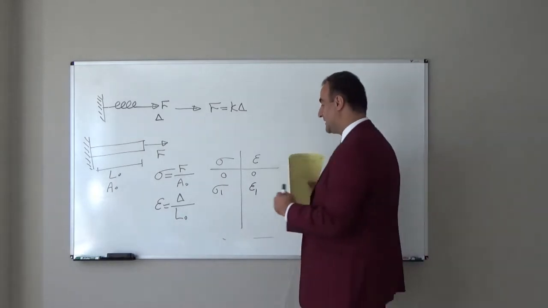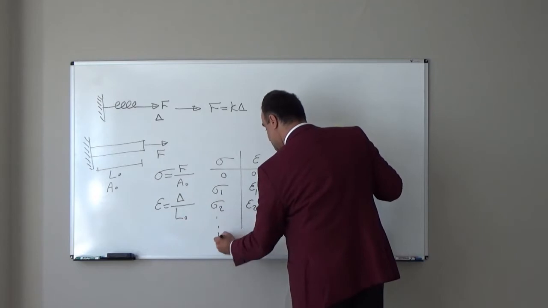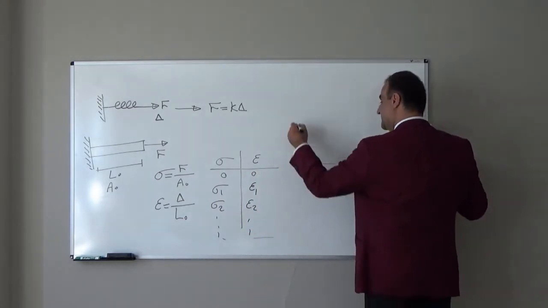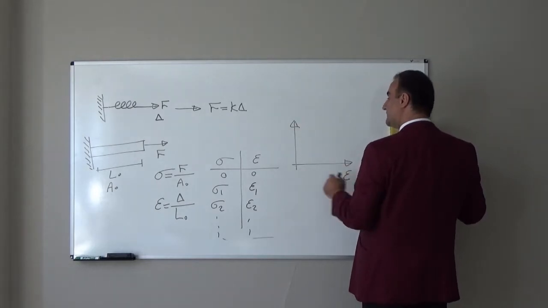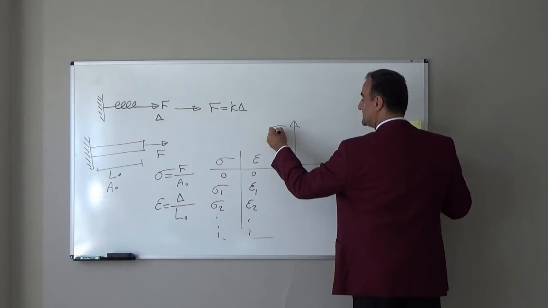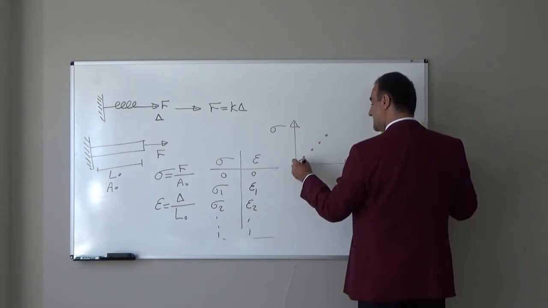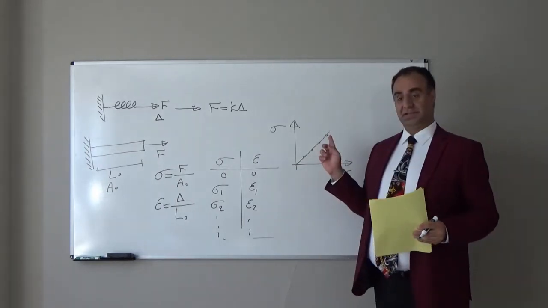Increase to the F2, sigma 2, epsilon 2 and so on. Again, if we have one coordinate, x-axis I show with epsilon strain, y-axis I show with stress, and I show these different points and I attach together. We will have again one line.